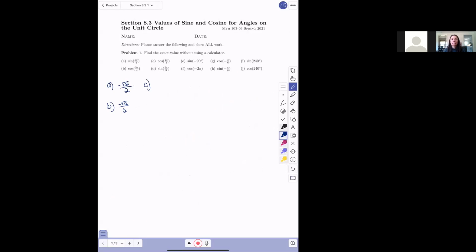For problem C, cosine of 2 pi over 3, can someone tell me what that value is on the unit circle? Negative 1/2. Good. Is anyone confused on where that came from? Okay, problem D. Can you go over just that one? Yep. So C, cosine of 2 pi over 3.